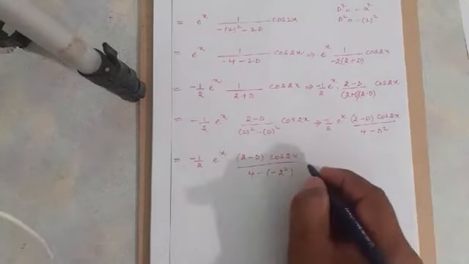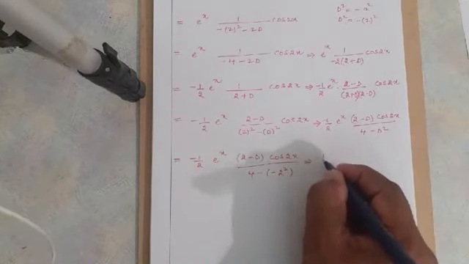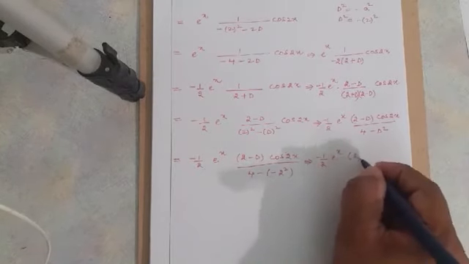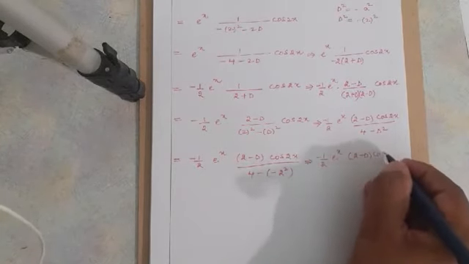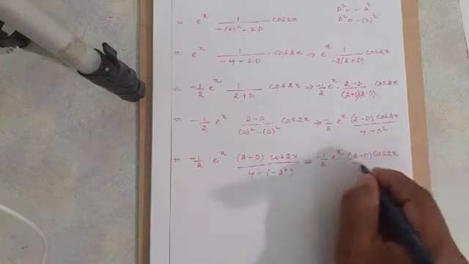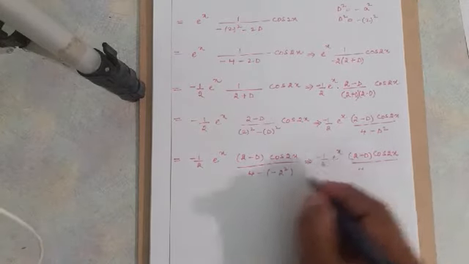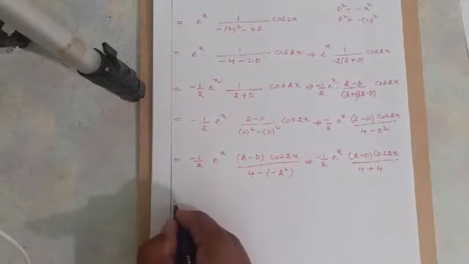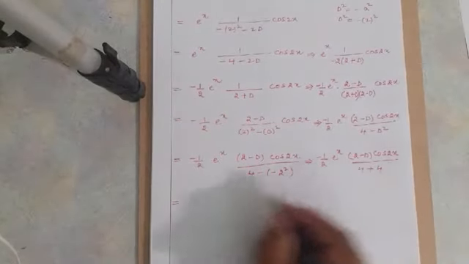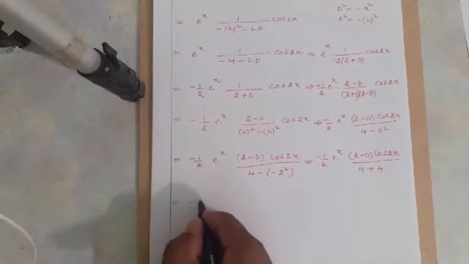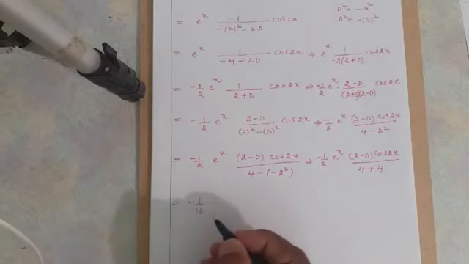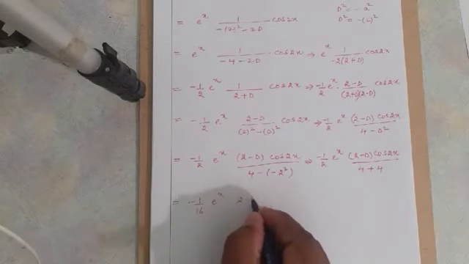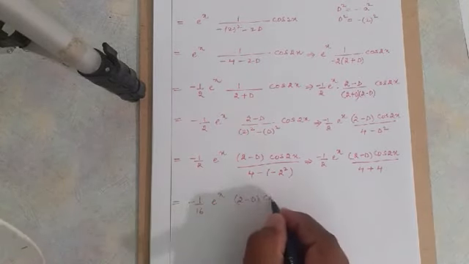Now you can write minus 1 upon 2 e power x in bracket 2 minus d into cos 2x upon, we get 4, now minus into minus is plus 4, so 4 plus 4 is 8, 8 into 2 is 16, so that is nothing but minus 1 by 16 e power x, now 2 minus d into cos 2x.